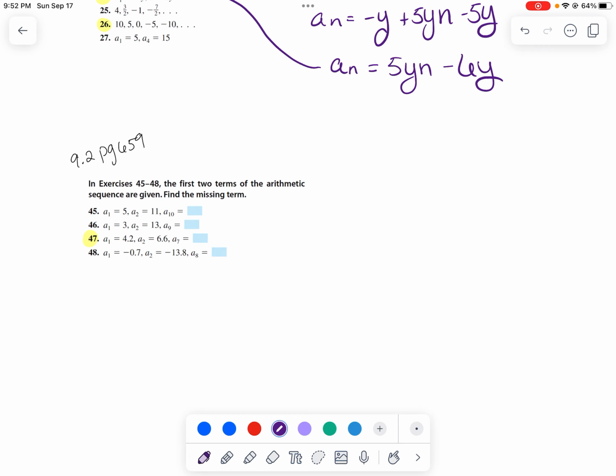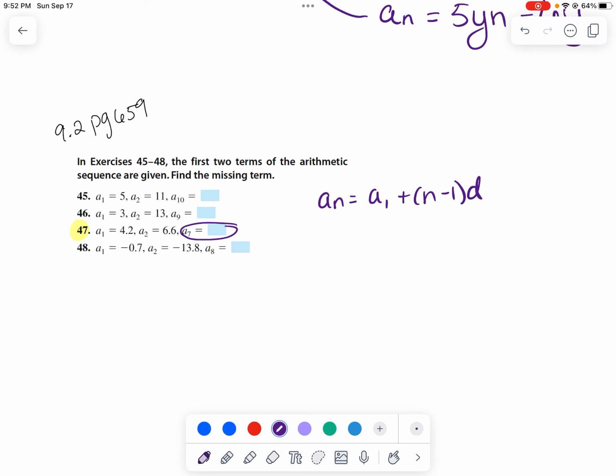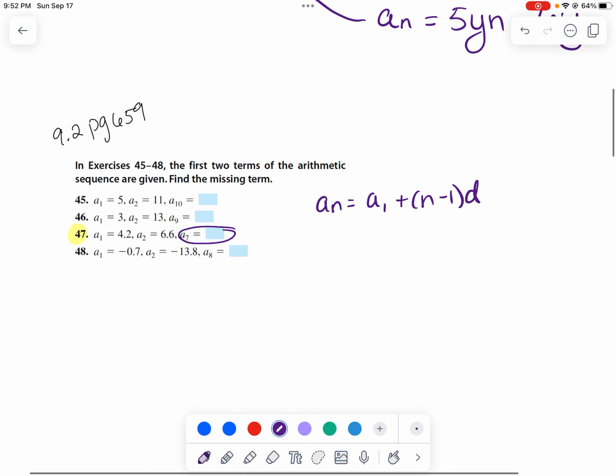Here, for 47, you're using that same formula, but this time they're giving you a value for n. So they're asking you to find a sub 7. So that tells me, okay, n is going to be 7. A sub 1 is obviously 4.2.